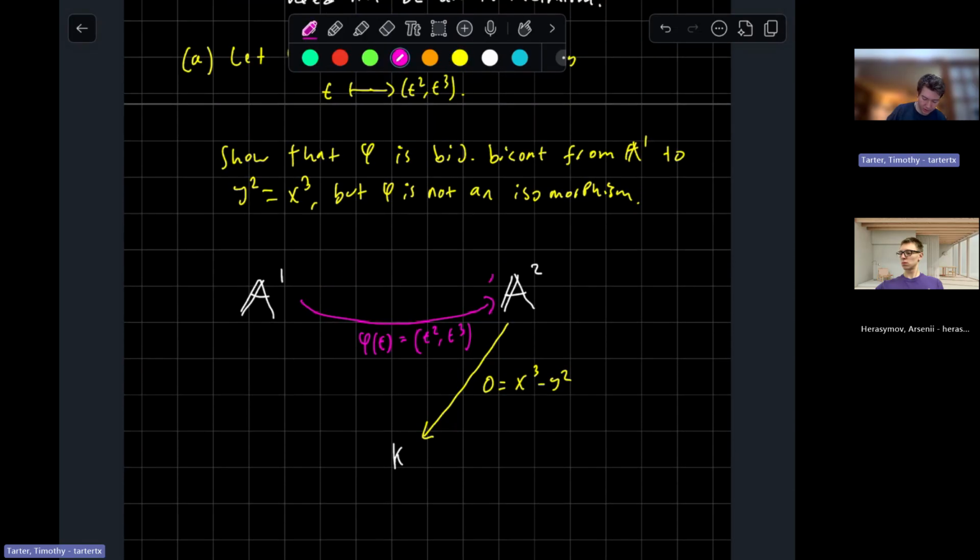And what we want to do, this is phi inverse of t squared comma t cubed.